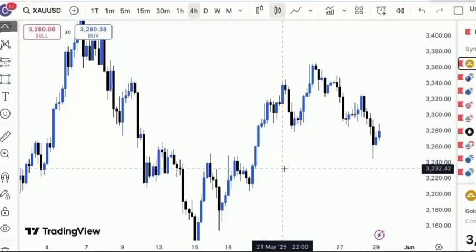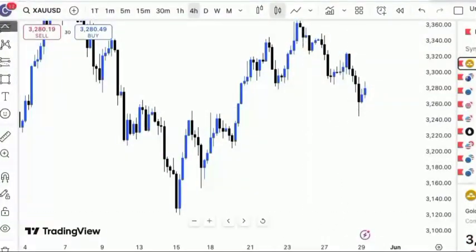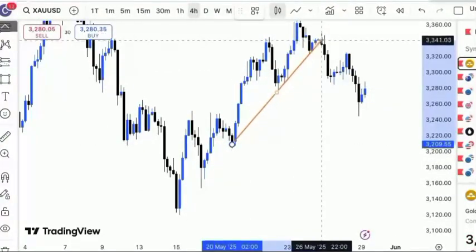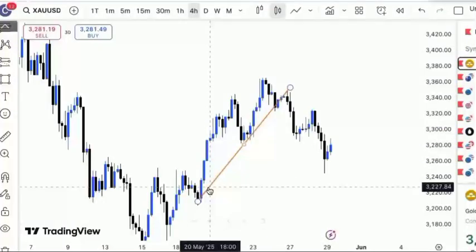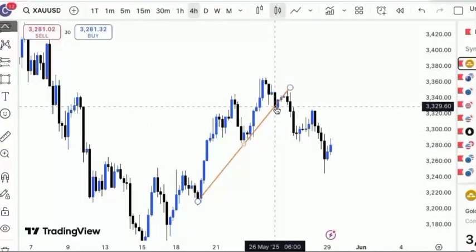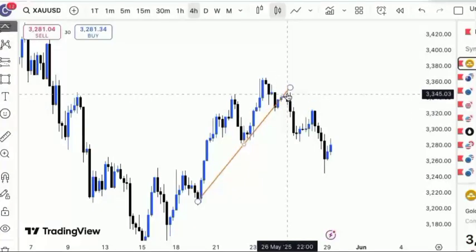So let's take a look at another example, which is gold. Now, if you apply your trend line like so, trend line is always good. First touch, second touch, third touch. You see that on the third touch, what happened?